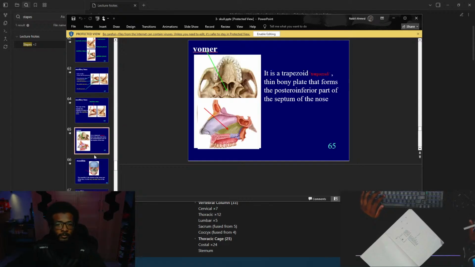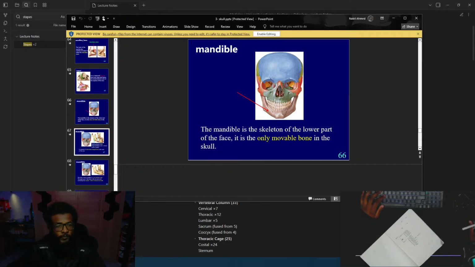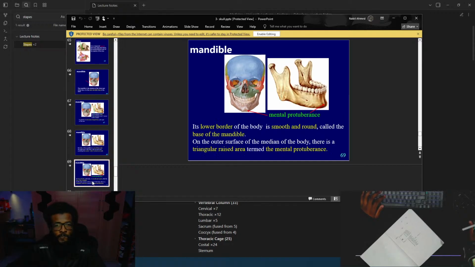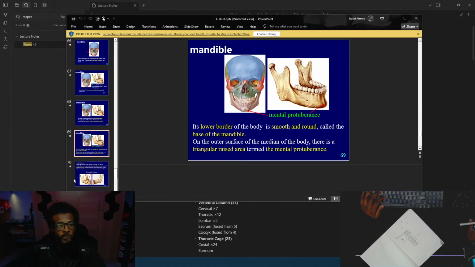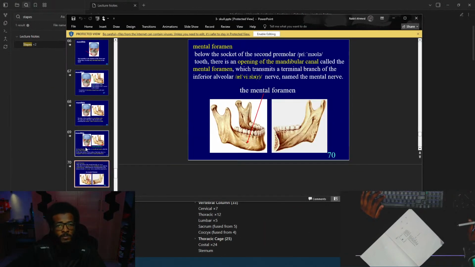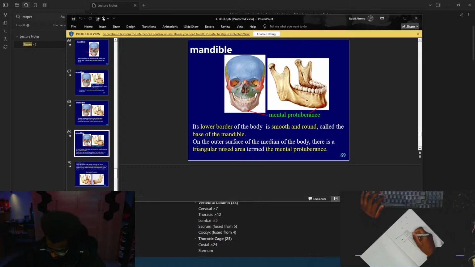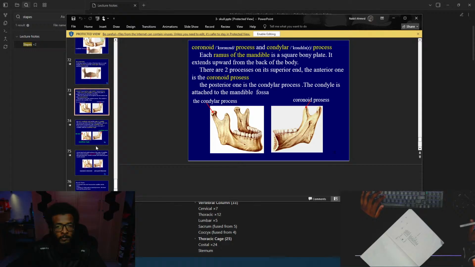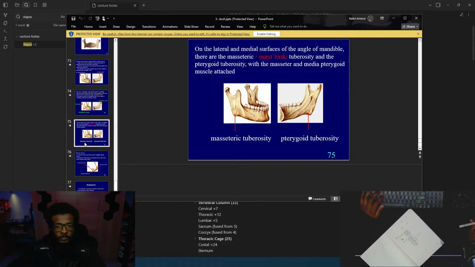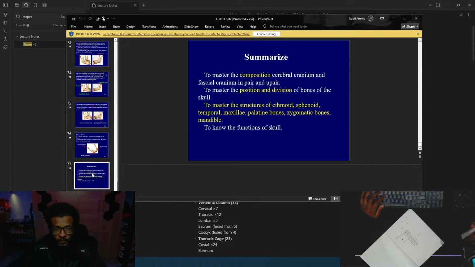Okay, got the mandible. Okay, so, all right.